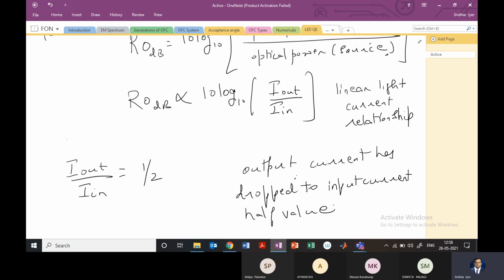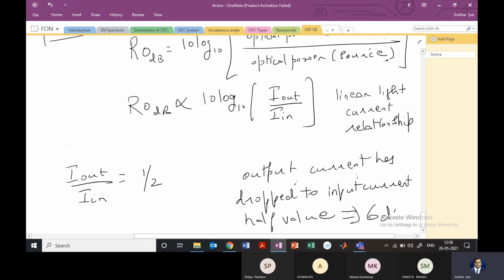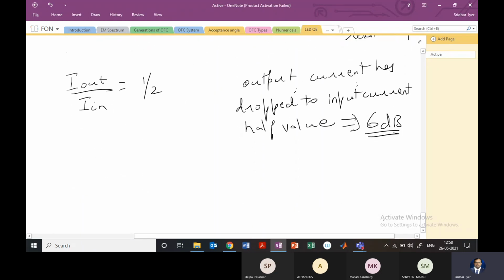And this half value in the decibel system will correspond to a 6 dB value. So you will come across this relationship also, that 3 dB electrical corresponds to 6 dB optical.